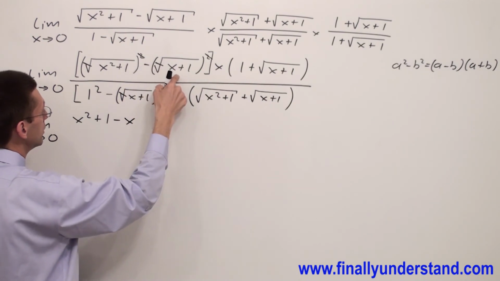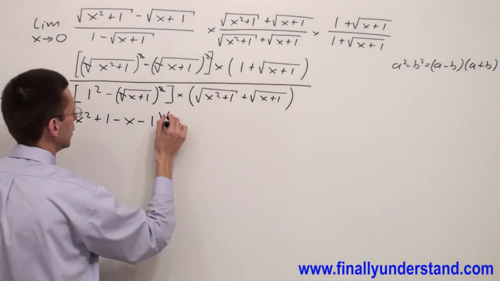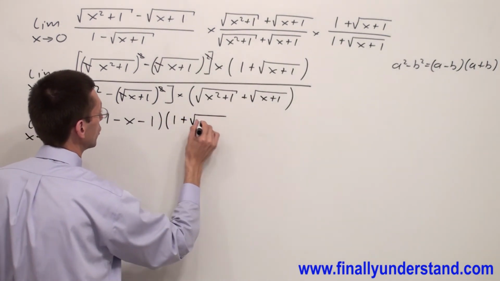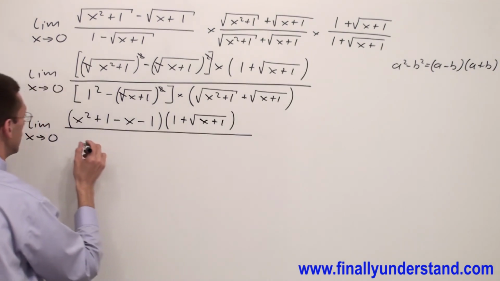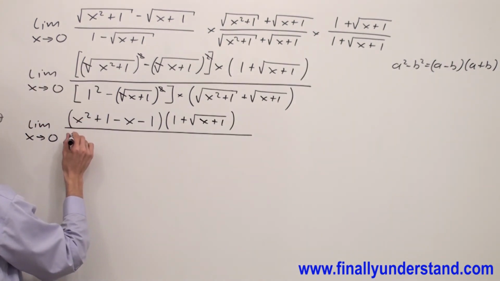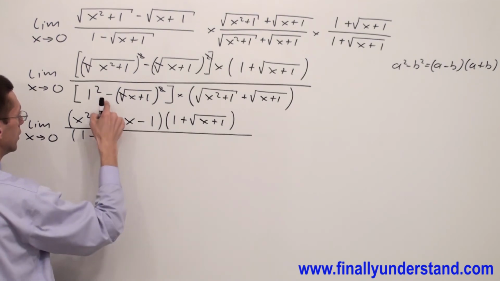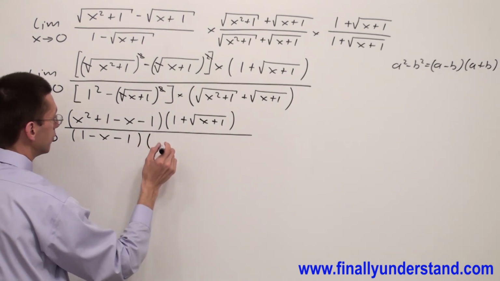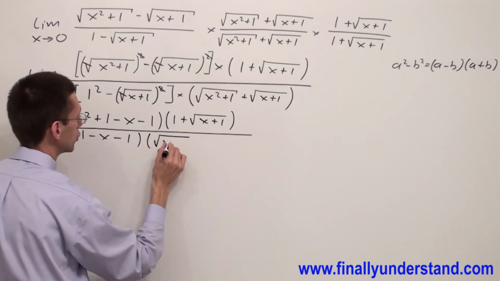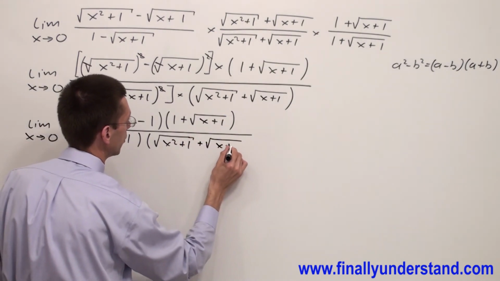Negative times positive gives me negative 1, times 1 plus square root of x plus 1, over, I have 1 to the second power is 1. Negative times positive will give me negative x. Negative times positive gives me negative 1. Copy down everything whatever is left. I have square root of x squared plus 1 plus square root of x plus 1.